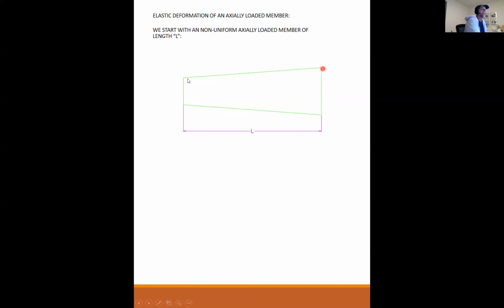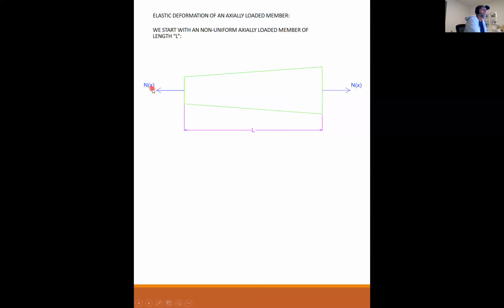This is a non-prismatic section. It changes as you go down the length. And we can apply a load to this. N sub X just refers to that N is a normal force.